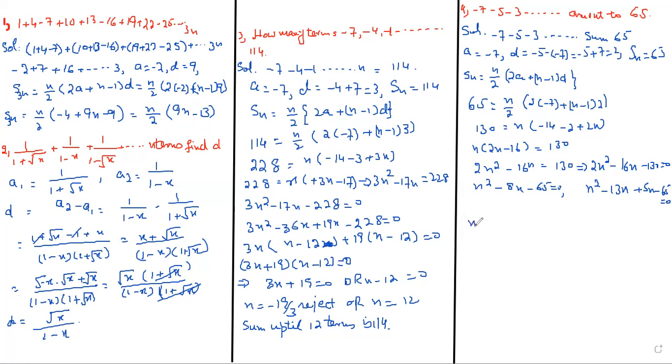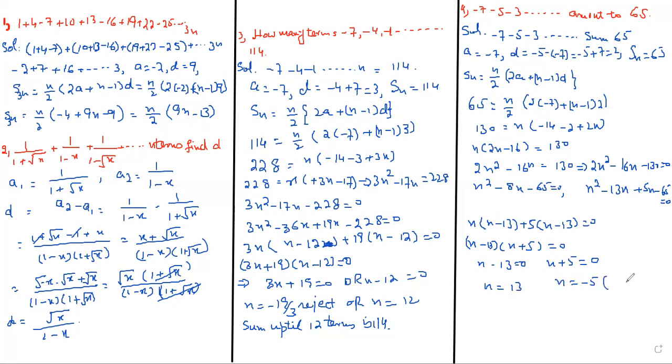Taking n common, we have n times (n minus 13) plus 5 times (n minus 13) equals 0, so n minus 13 times n plus 5 equals 0. This implies n minus 13 equals 0 and n plus 5 equals 0. We get n equals 13 and n equals minus 5.